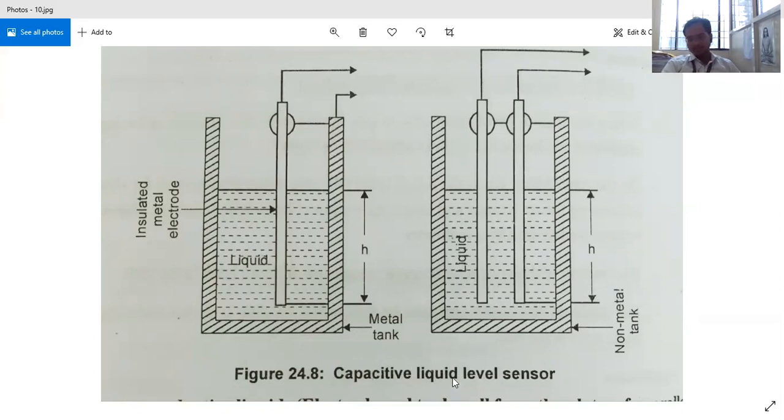Next, the output leads are drawn from the insulated metal electrodes. Metal electrodes are insulated. They are drawn with lead wires.